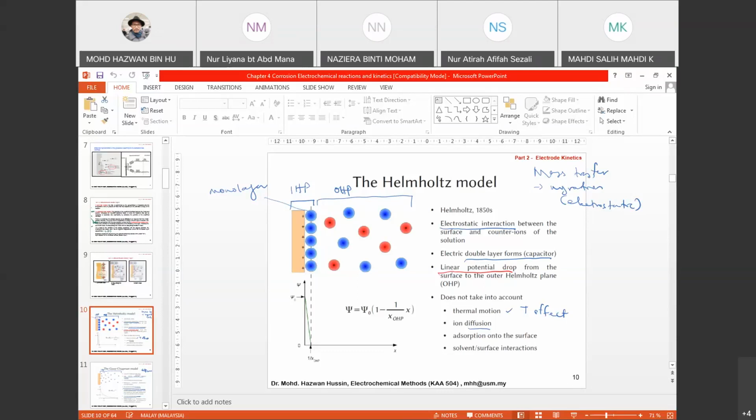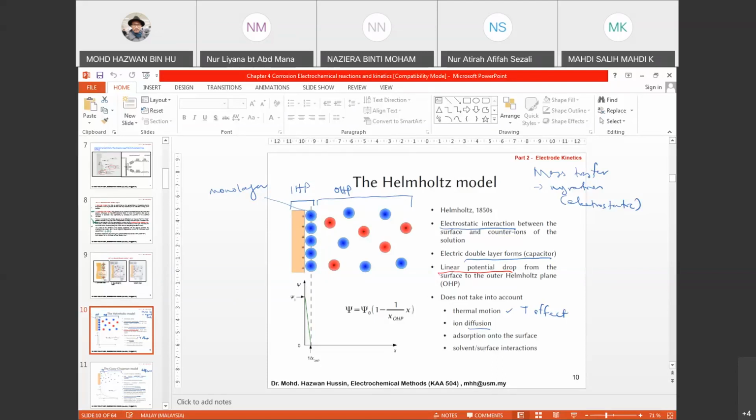So migration happens because, for example, when the electrode oxidizes, it becomes positively charged, and then it attracts anions to come closer to the surface. So this is related to electrostatic interaction. Anything that deals with electrostatic interaction, the model of double layer produced is referred to as the Helmholtz model.